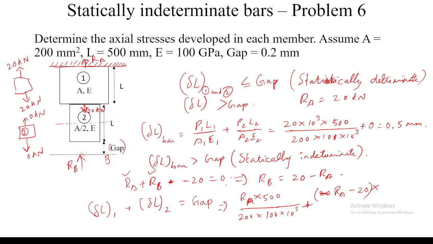Since this member is in tension, I am writing it as a positive value, RA into 500 divided by. Whereas for this second member, I am still considering RA acting upwards, which is a tensile load, and this 20 kilonewton is acting in the downward direction, which is a compressive load for member 2. So I am writing RA minus 20, which equals RB.